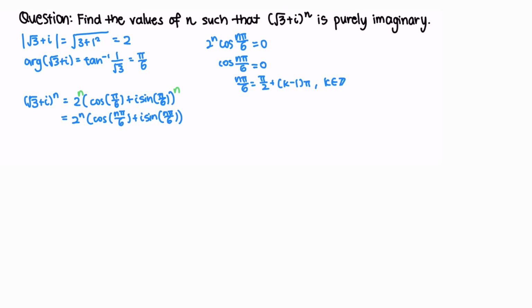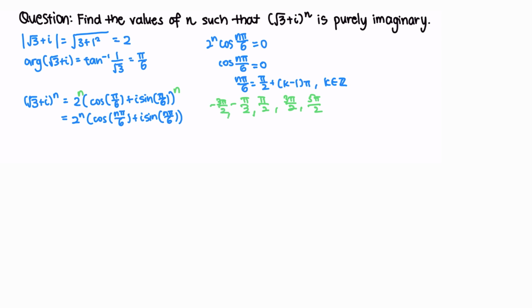Alright? Okay, let me do some sort of test to test if this is correct. Let's say we get k equals 1. Okay, we get pi over 2. If k equals 2, we get 3 pi over 2, and then k equals 3, we get 5 pi over 2. And if we check the negative side, if k equals 0, we get negative pi over 2. If k equals negative 1, we get negative 3 pi over 2.